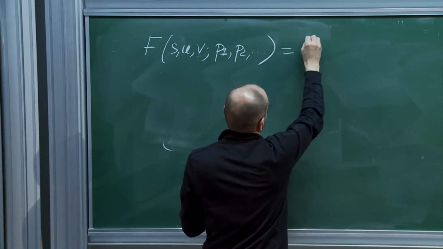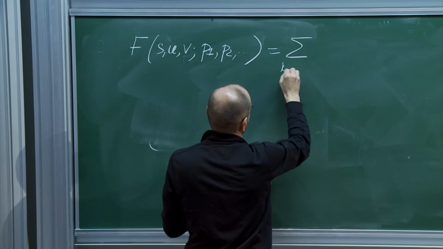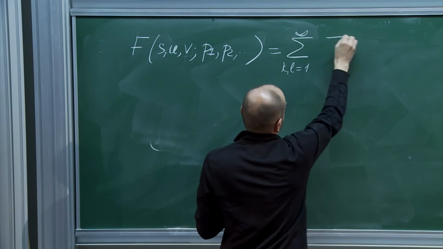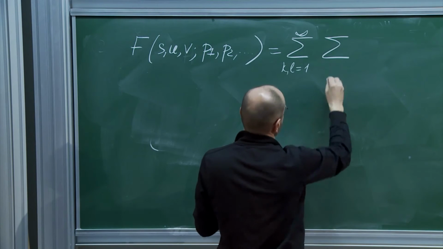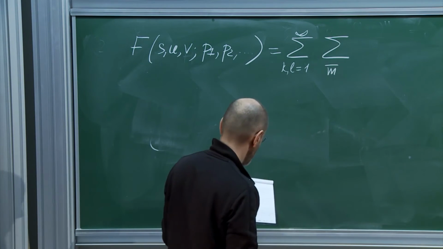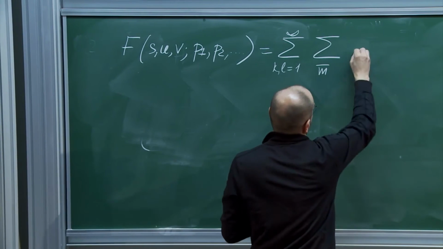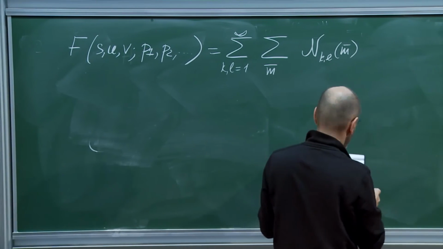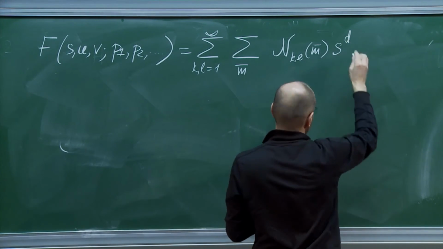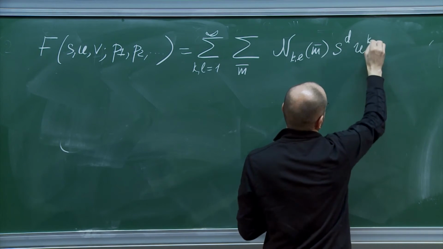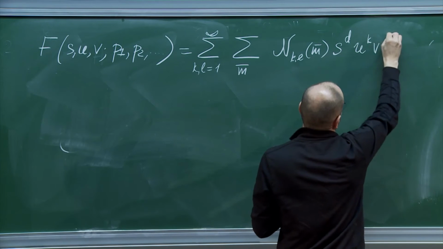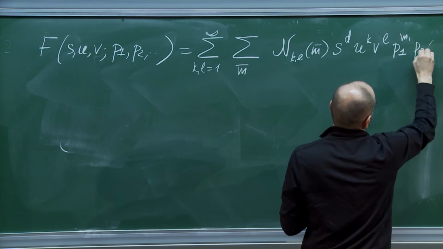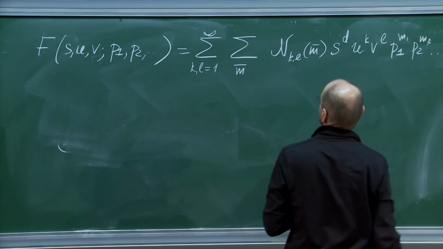And that is the sum over k and l from 1 to infinity and over all vectors m-bar with non-negative entries of n_kl(m-bar) times s to the d, the degree of the map, u to the k, v to the l, p1 to m1, p2 to m2, and so on.